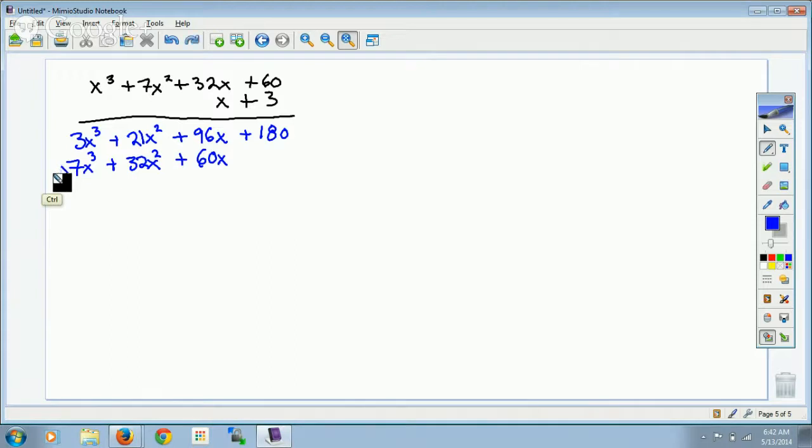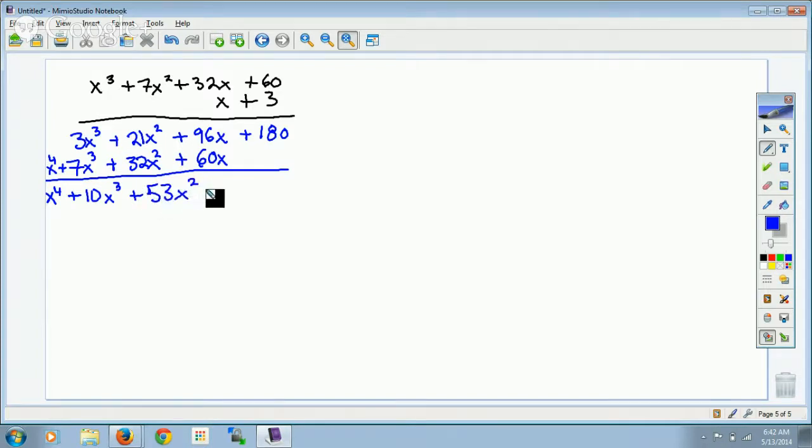Oops. And putting all this stuff together, I get x to the 4th plus 10x cubed plus 53x squared.